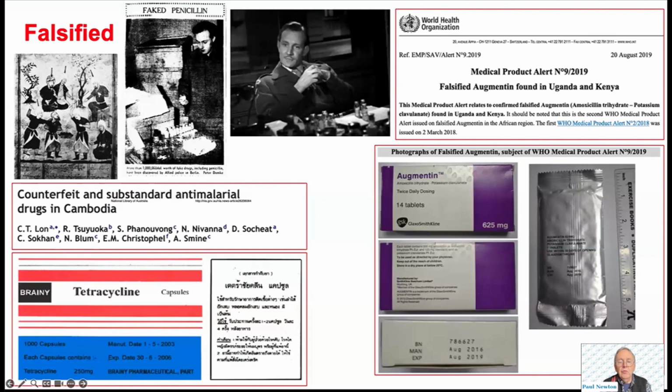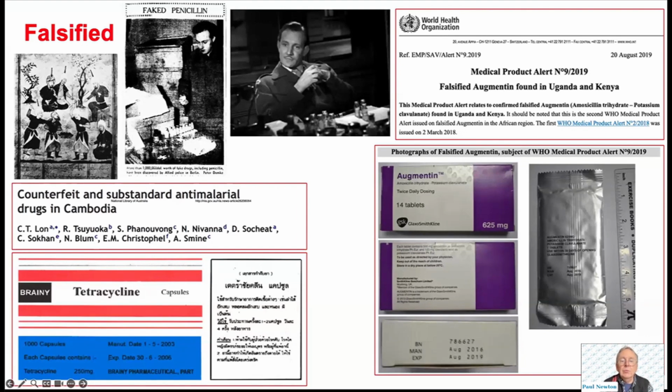There's a long history of this as an issue. First of all, for falsified medicines at the top left, that's a picture from the 12th century of physicians beating a pharmacist in what's now Saudi Arabia for selling them poor quality herbal medicines. There were multiple examples since then.